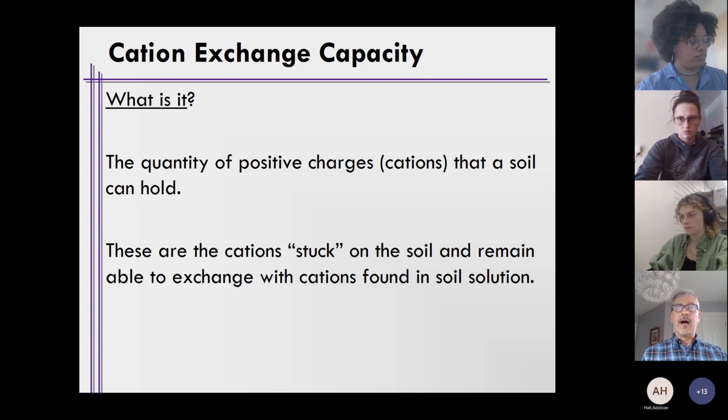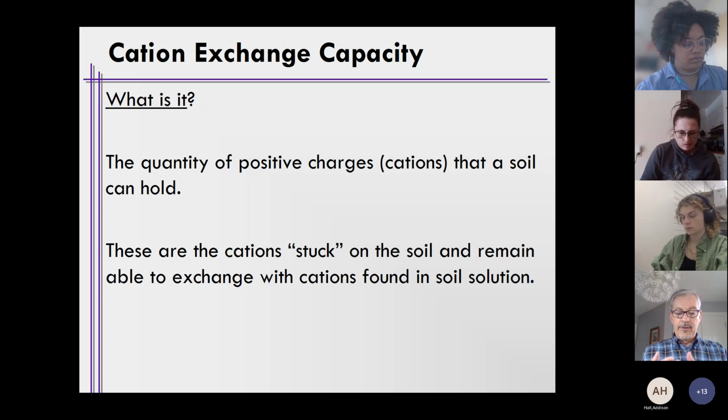It's the quantity of positive charges that a soil can hold. And so when we talk about positive charges in soils, we talk about cations, right? So ions from the periodic table that are positively charged. And so these are the cations that are, quote, stuck on the soil, and they're able to exchange with cations in the soil solution.